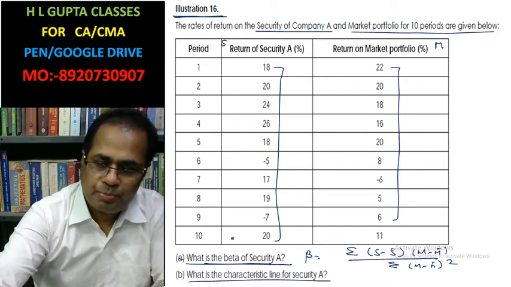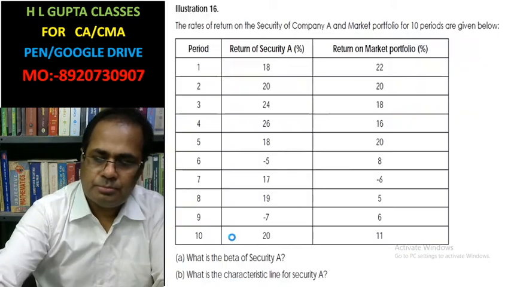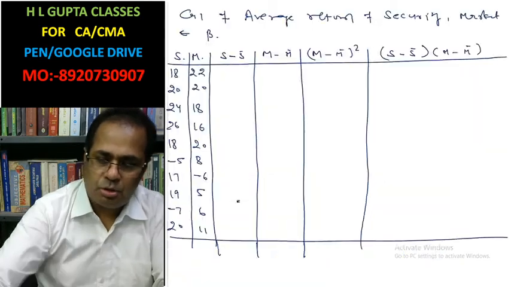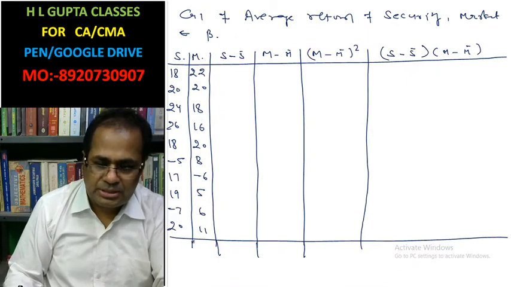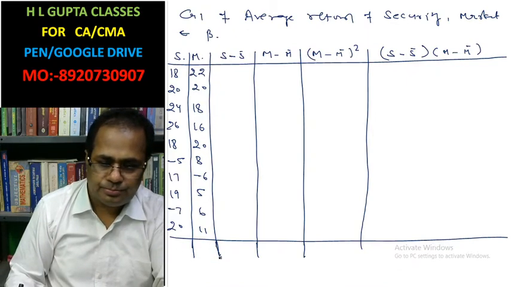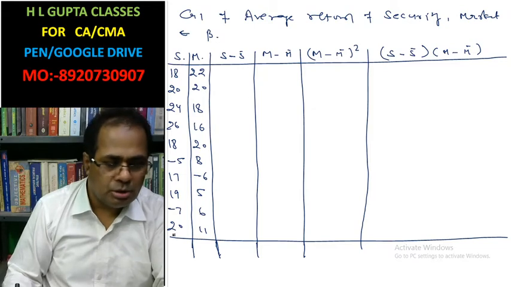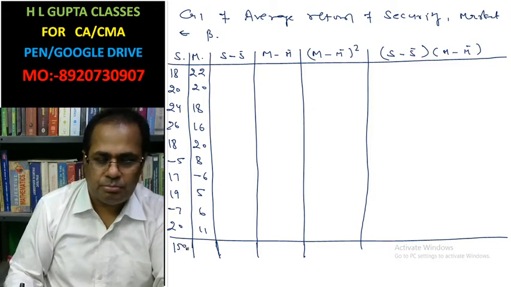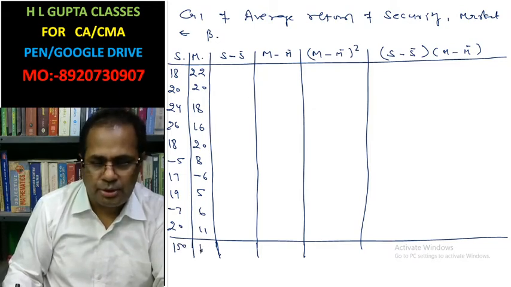Now you have to take the sum of all these. So what is the summation of all this? This is 150, this is 120.